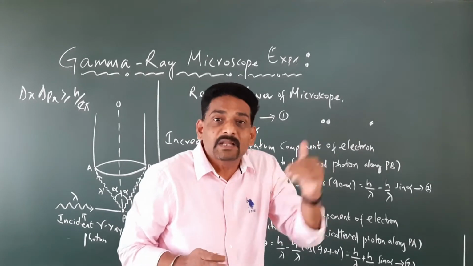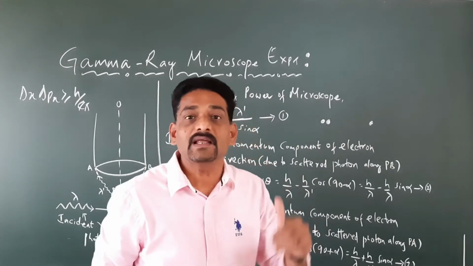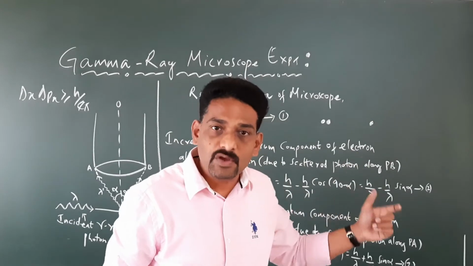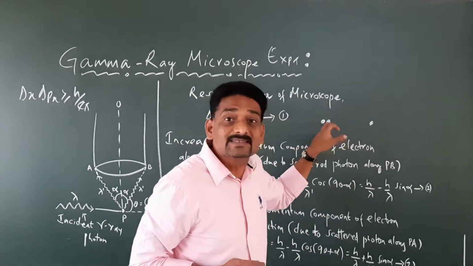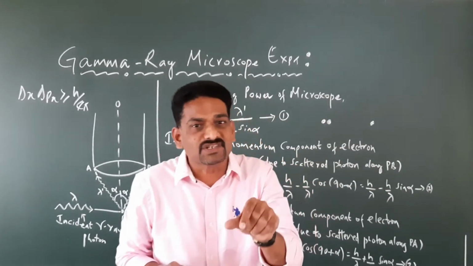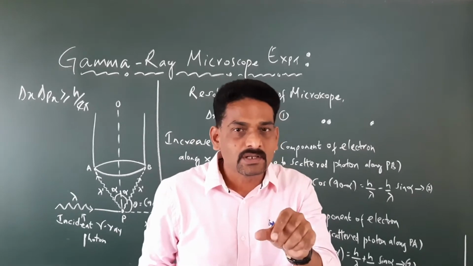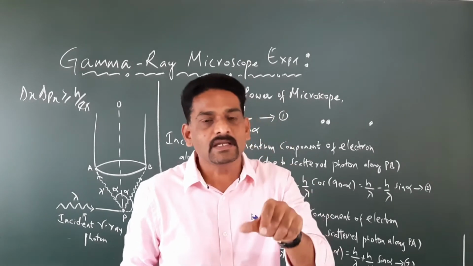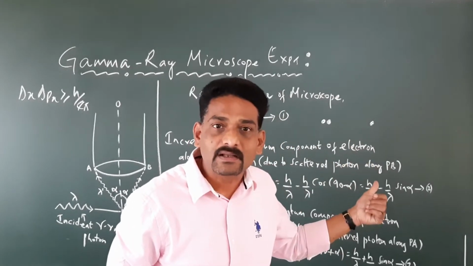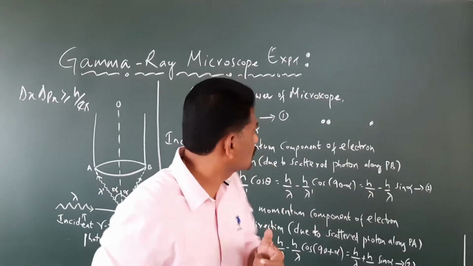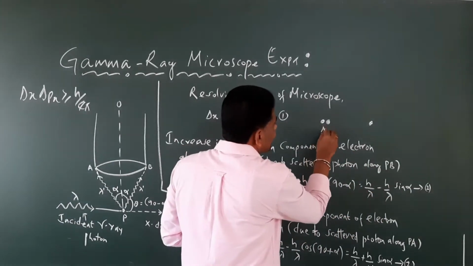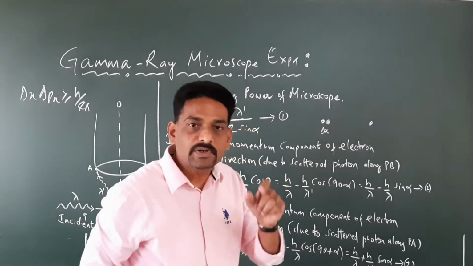That is the limit for my eye to view these two objects as separate. Till that distance you can see the two objects as separate, and that distance we call delta x. So what is delta x?